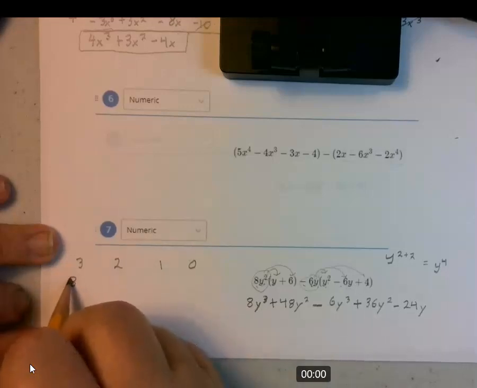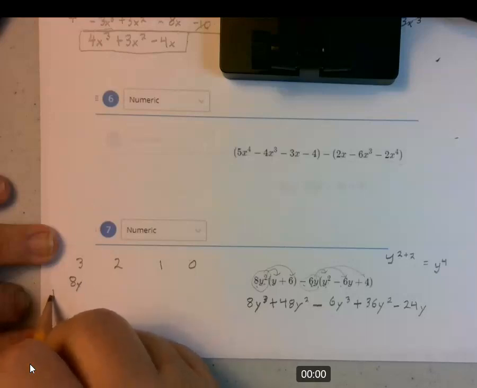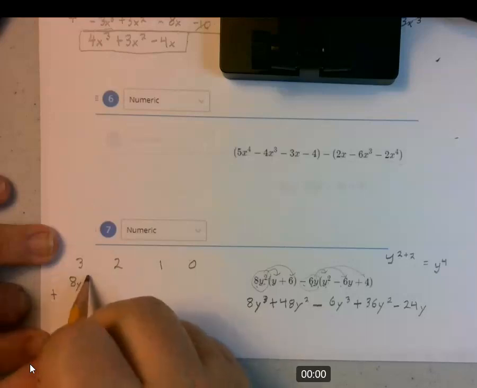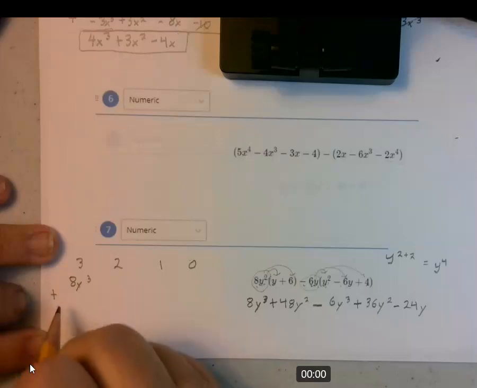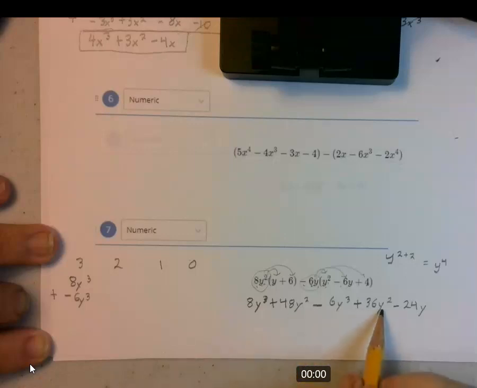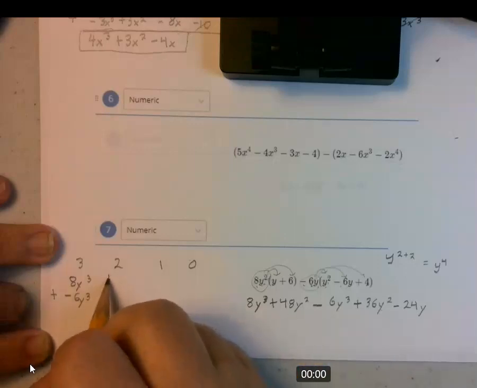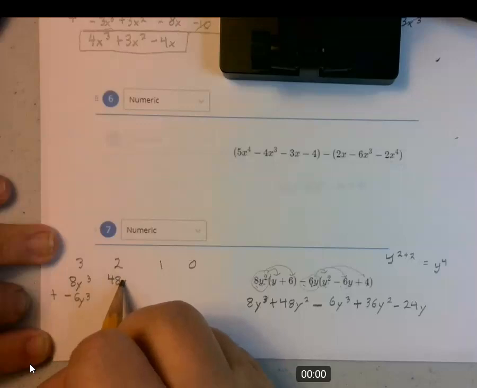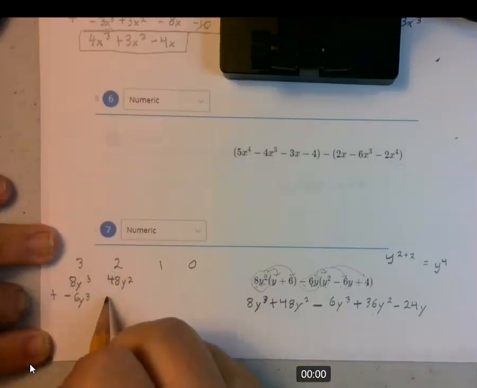Again, it doesn't matter which one goes on top or on bottom, you're adding everything over here. So it's y to the 3rd, and it's negative 6y to the 3rd, which means it's basically a subtraction. Next one is y squared, so it's 48. And 36.